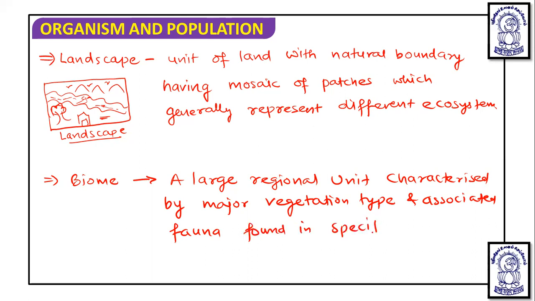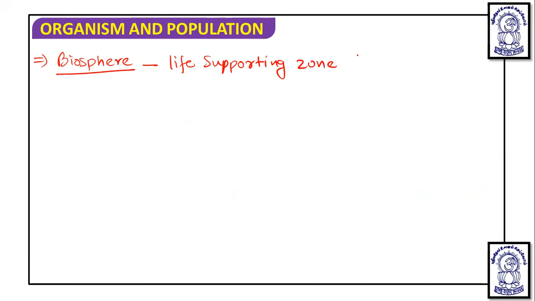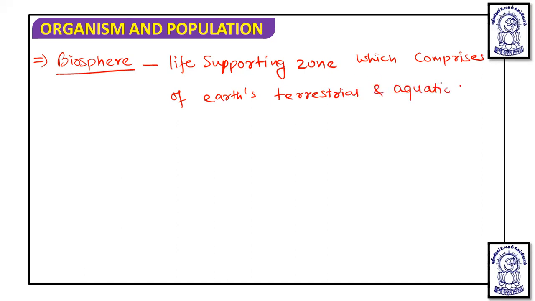So it consists of several landscapes, and at last biomes combinedly form the biosphere. The biosphere is a life supporting zone which comprises Earth's terrestrial and aquatic biomes. Okay, so in such a way the biosphere is formed.